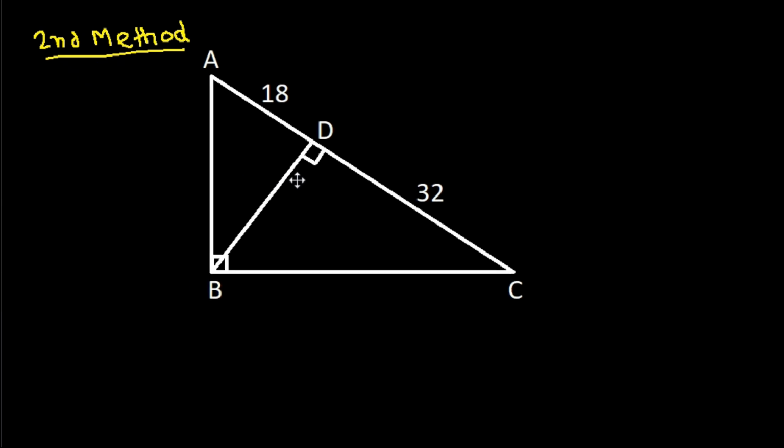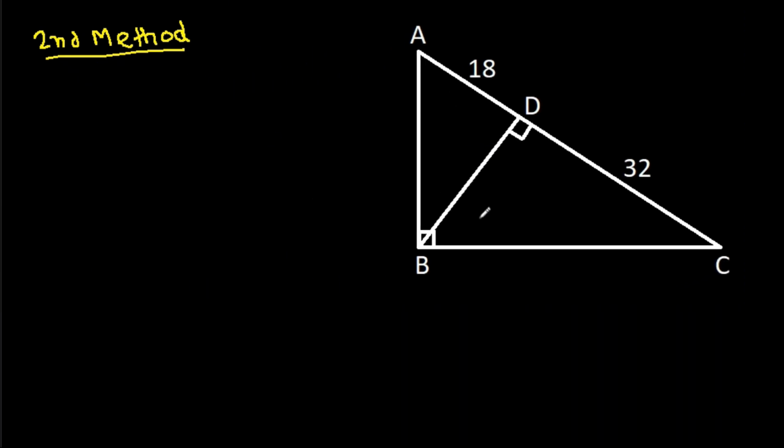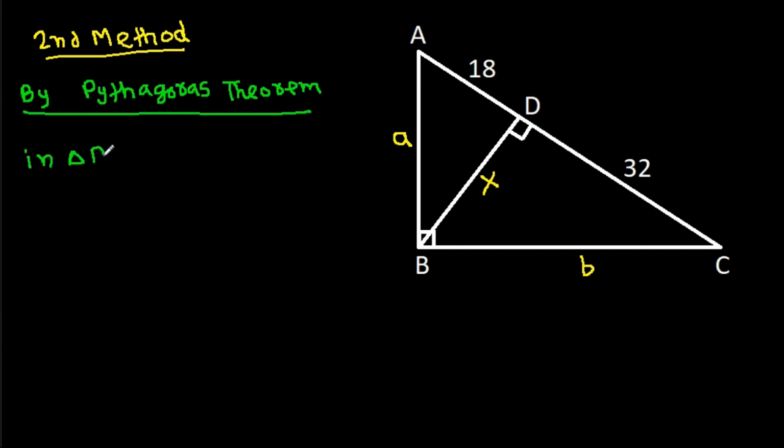And the second method, suppose BD is X, AB is A, and BC is B. Then by Pythagoras theorem, in triangle ABC, AC square, it will be equal to AB square plus BC square, and AC is 18 plus 32, that will be 50 square.